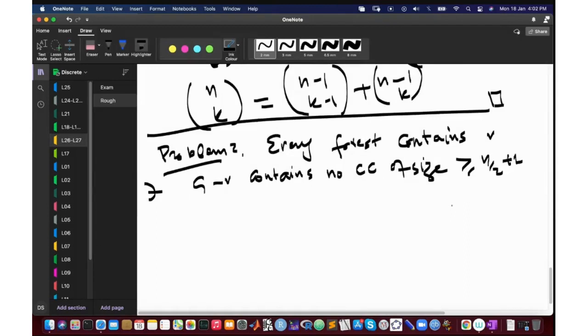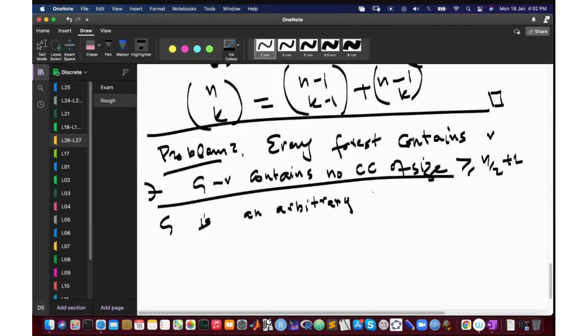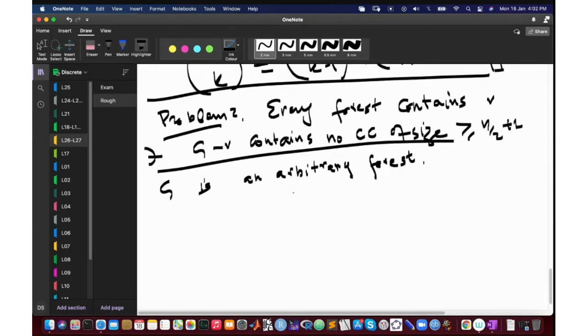Okay, so first of all, let's say कि G is an arbitrary forest. Forest का मतलब ये है कि it's a graph which does not contain any cycle.